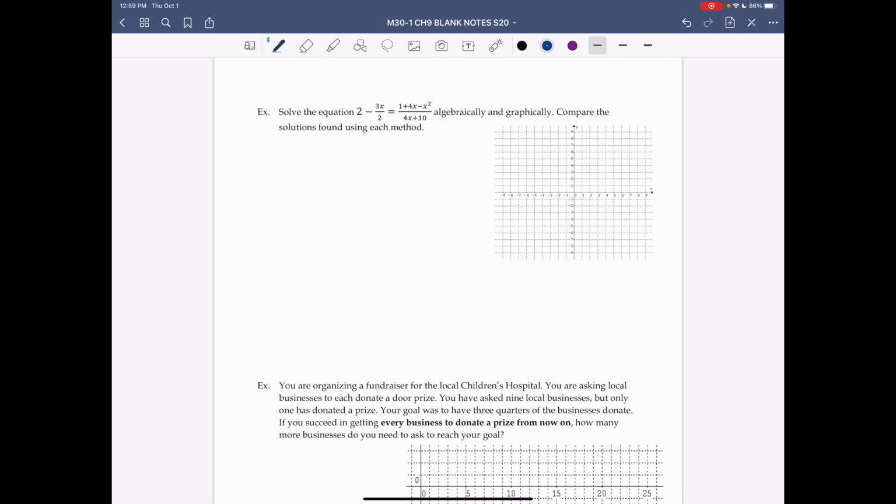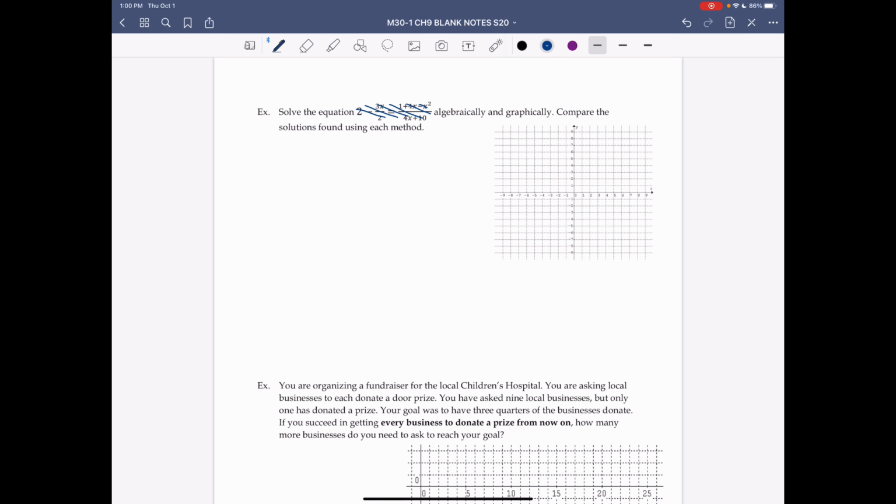Solve the equation 2 minus 3x over 2. This is totally the same as the last page. Okay. It is supposed to be, if you happen to have your notes that have this equation in it for some reason, that's just because I copied and pasted and then didn't change the equation.